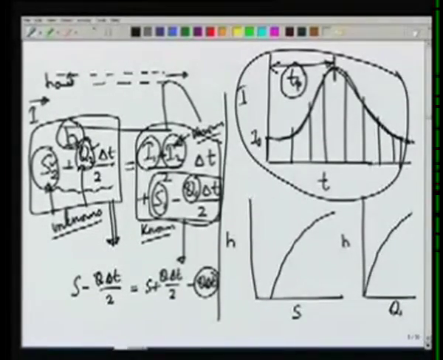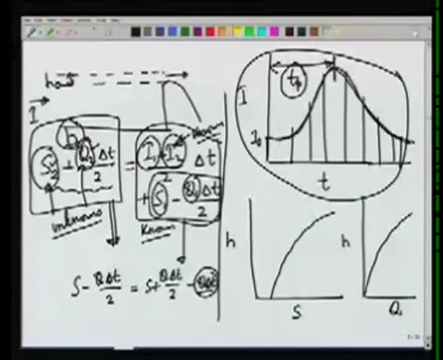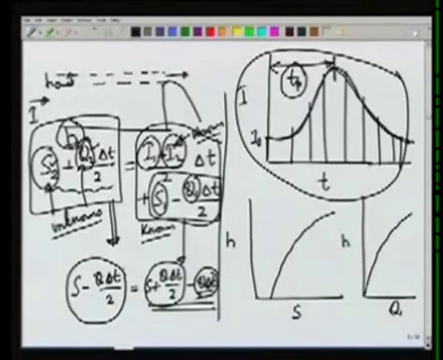So knowing the value of Q from here, we can find Q delta t also at the end of the time step delta t, and since S plus Q delta t by 2 is also known at the end from the graph, we can subtract it and get the value of this variable at the beginning of the next time step.